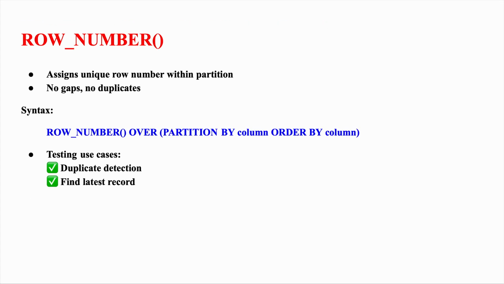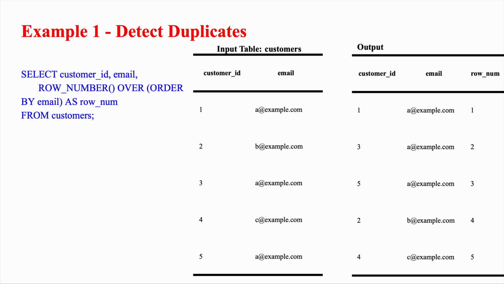Let's start with row number. This function assigns a unique row number to each row within a partition of your data. There are no gaps and the row numbers are always unique. This is perfect for things like detecting duplicates or finding the latest record per group. Here's an example.